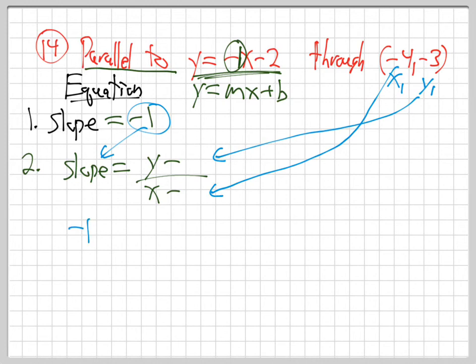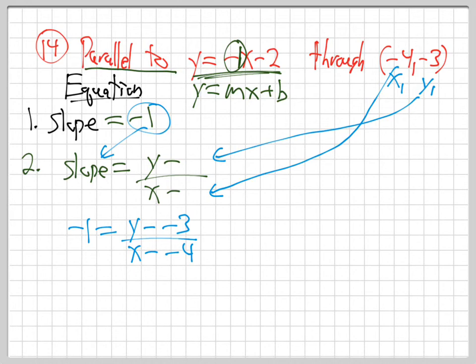So this is going to become -1 equals y minus -3 over x minus -4. Good to there. See how it's just the same thing as usual? They're just handing us the slope by giving us that other equation. We just find the other equation's slope -1, and that's our slope too.